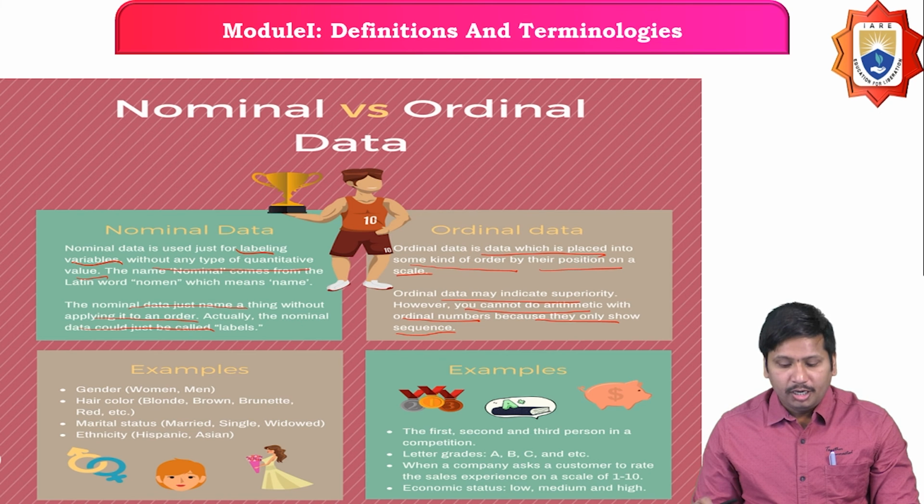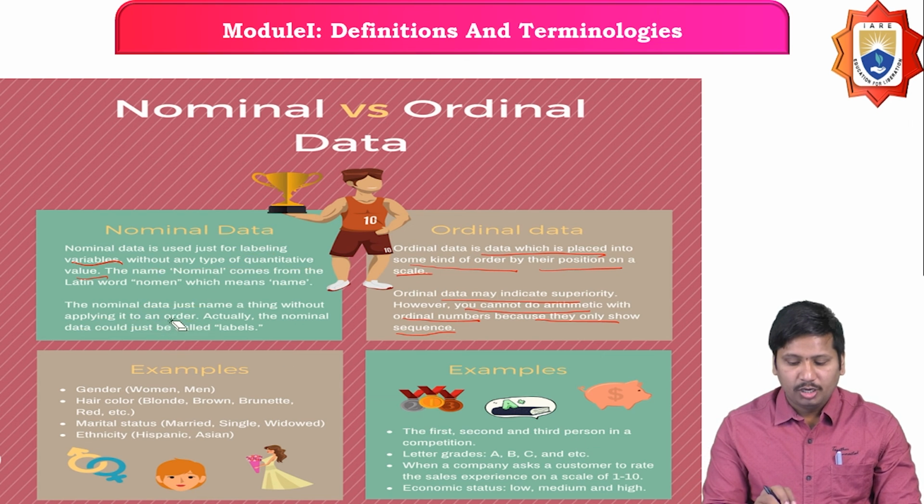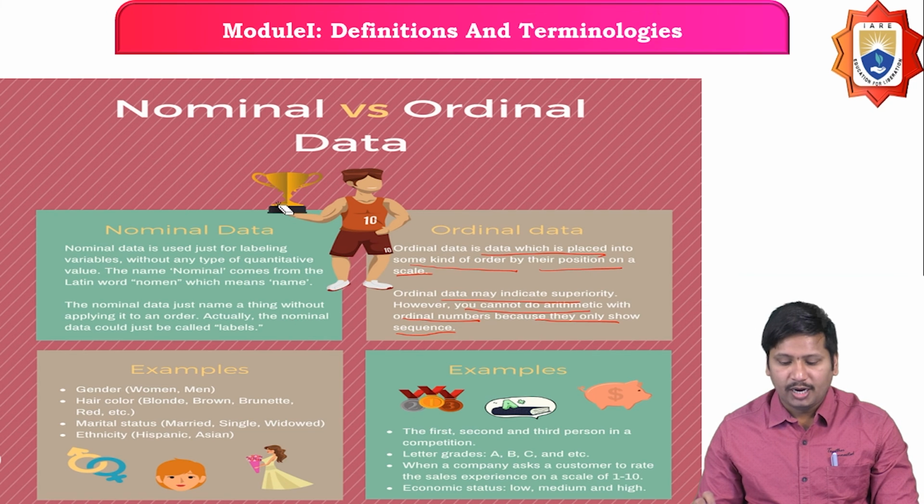So nominal data is used for labeling variables without any quantitative value. The word nominal comes from the Latin word nomen, which means name, and nominal data is just a name, a thing, without applying it to an order.